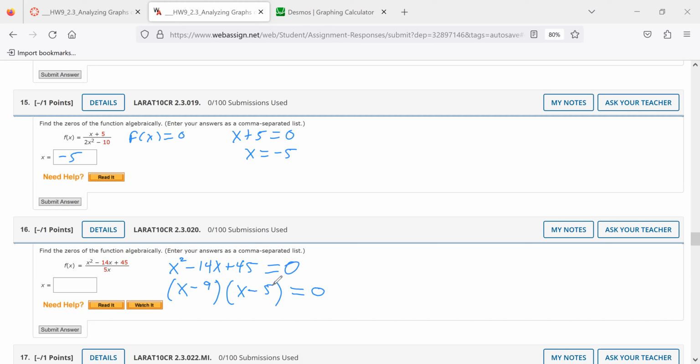So we'll solve each of these. And that's it. Those are your two x values. So you'll just type in 9, comma 5.